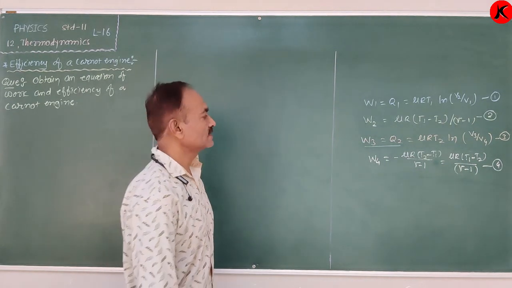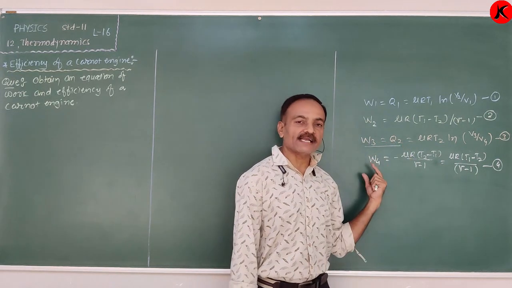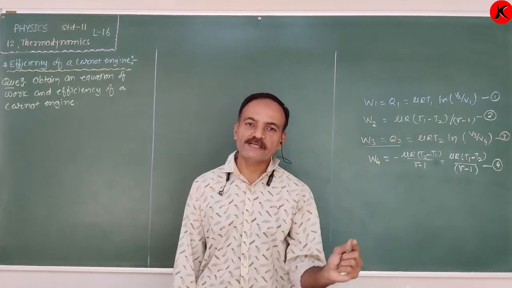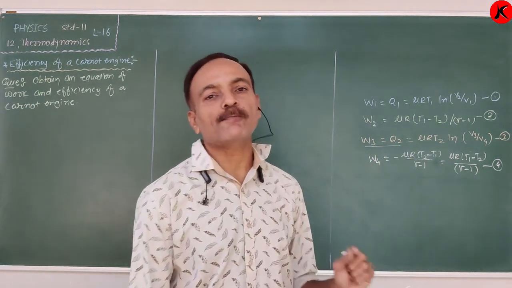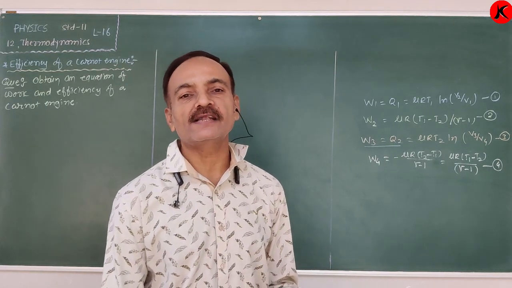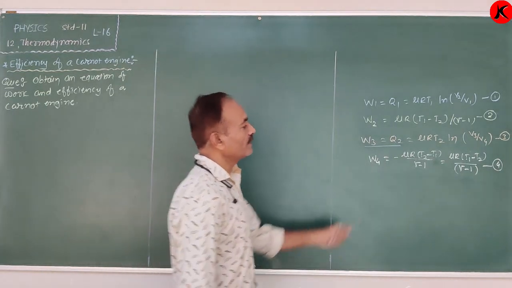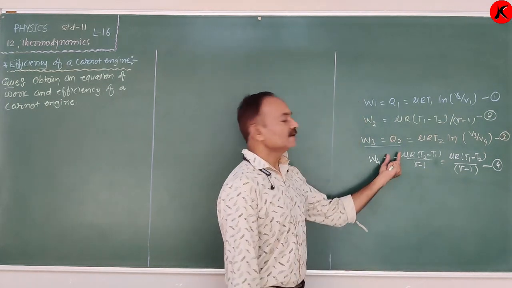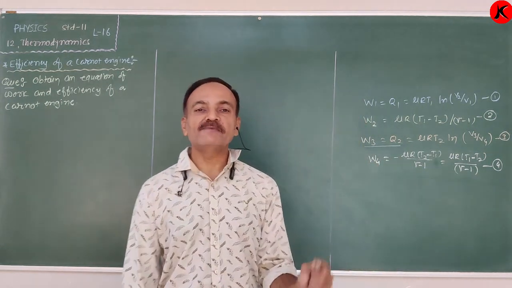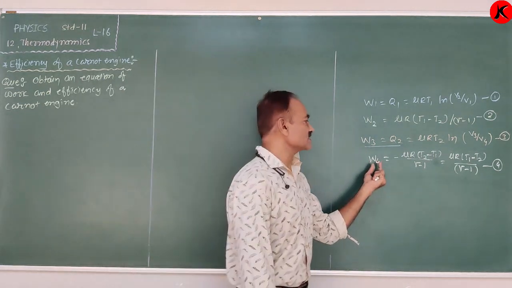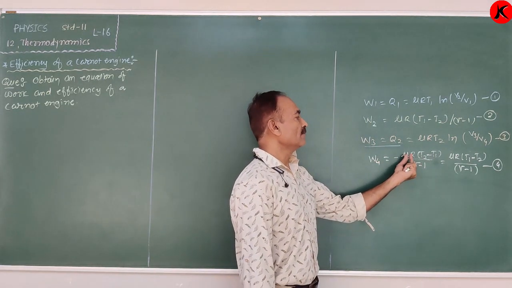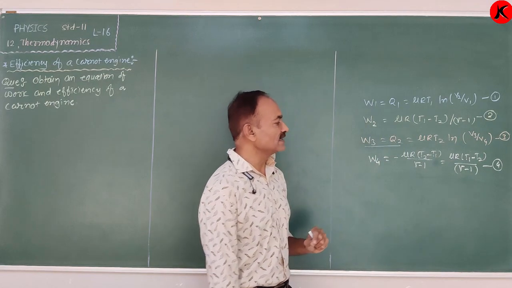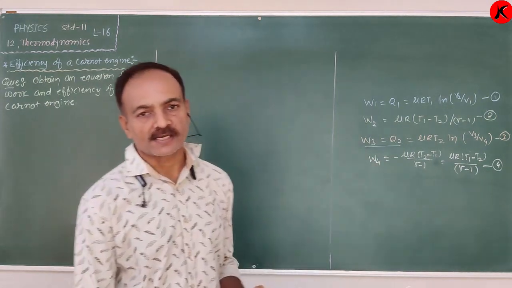And now last, the gas is adiabatically compressed to obtain its initial state, step 1. That means P1 V1 T1 from P4 V4 T2. Therefore, during the adiabatic compression, the work done on the gas W4 is equal to −μR(T2 − T1)/(γ − 1).